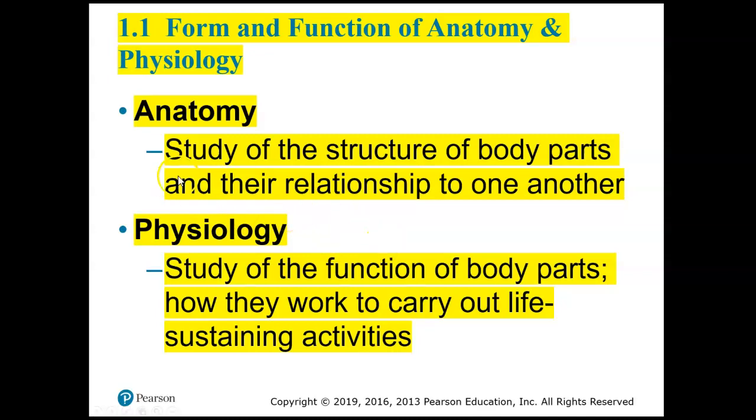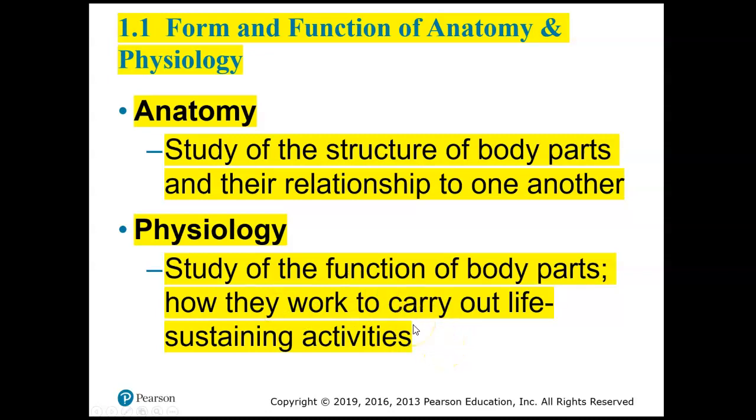All right, so the first information that you need to know is what anatomy and physiology actually mean. So anatomy means the study of the structure of body parts and their relationship to one another. So anatomy is structure. Physiology is the study of the function of body parts and how they work to carry out life-sustaining activities.